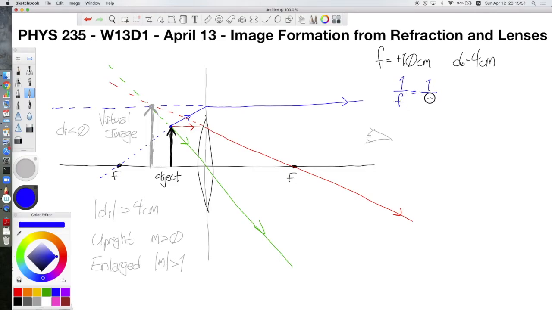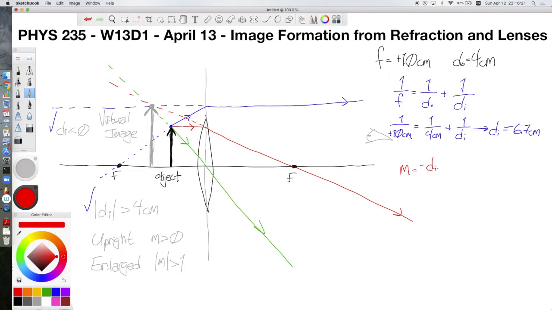Working through the same math as before, we can plug in our positive 10 centimeter focal length, we can plug in our 4 centimeter object distance, and solve for our image distance to get that it is negative 6.7 centimeters. So we do have an image distance that is negative, and we do have an image distance whose magnitude is greater than 4 centimeters.